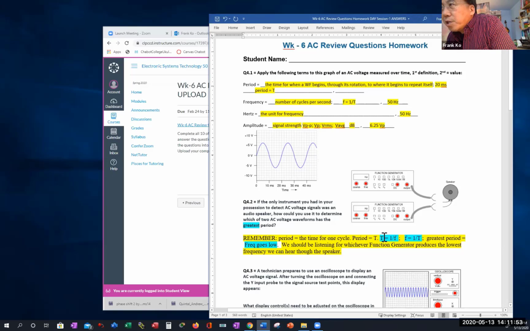So as T goes up, F goes down. And we can summarize that right here.